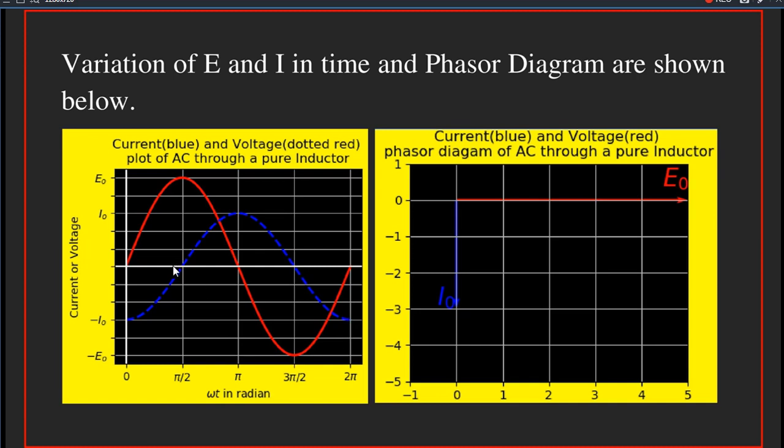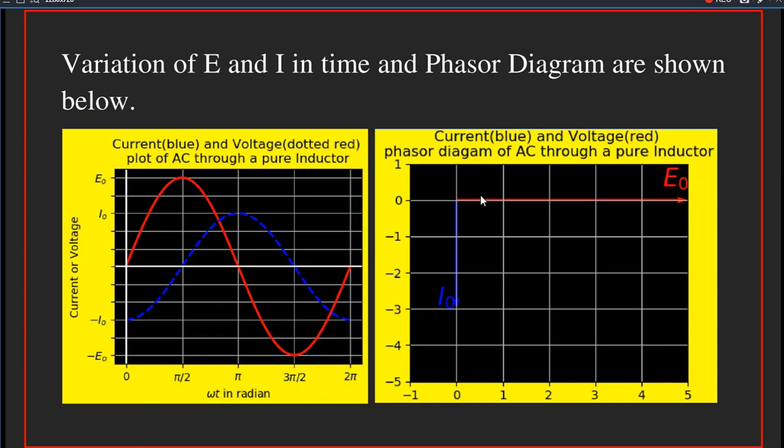We can see that the voltage is 0 and increasing from 0 to maximum, but the current increases from 0 to maximum after a phase of pi by 2. So the current follows the voltage after a phase of pi by 2, or we say the voltage is leading the current by a phase of pi by 2.